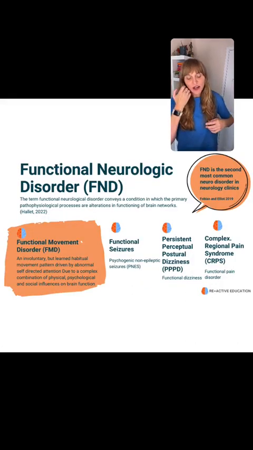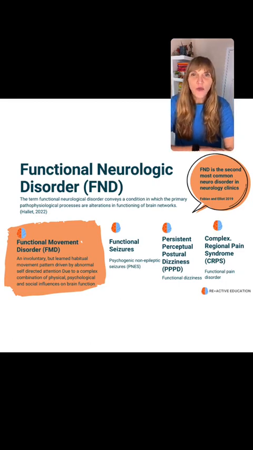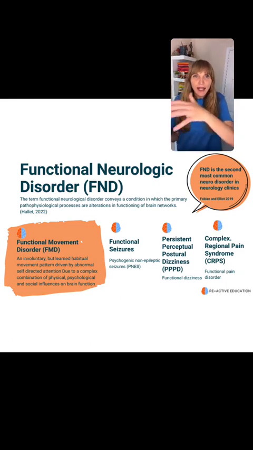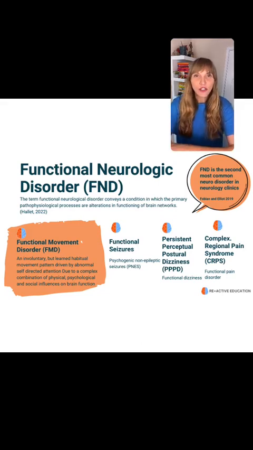So this was one of the slides from our workshop about functional neurologic disorders, just to highlight the prevalence of this. So functional neurologic disorder is the second most common diagnosis to present to neurology offices. So this is something that clearly healthcare providers are going to see, especially PTs and OTs.